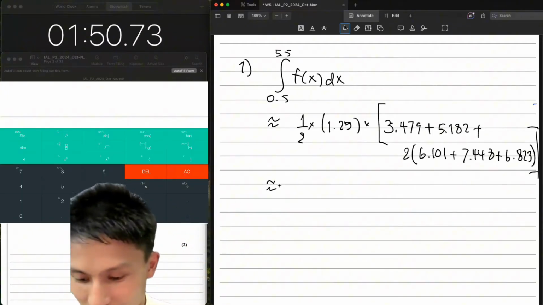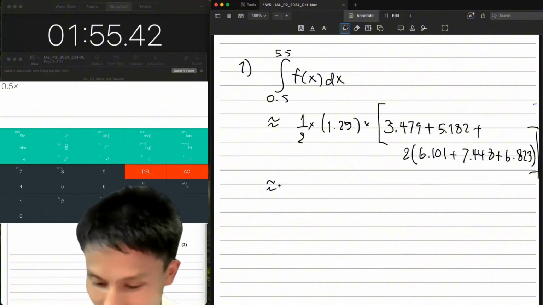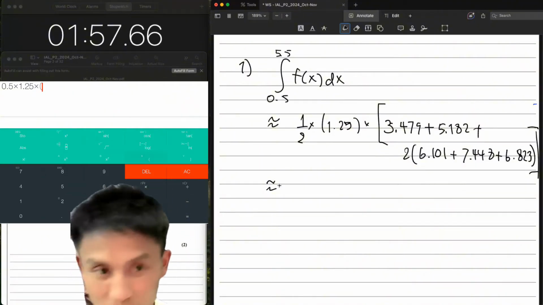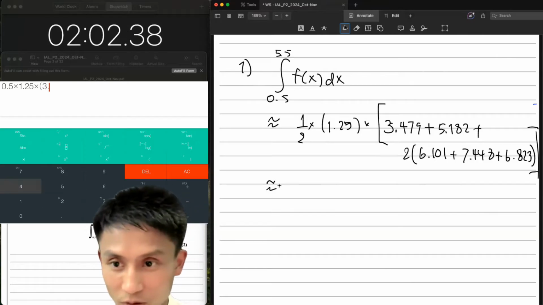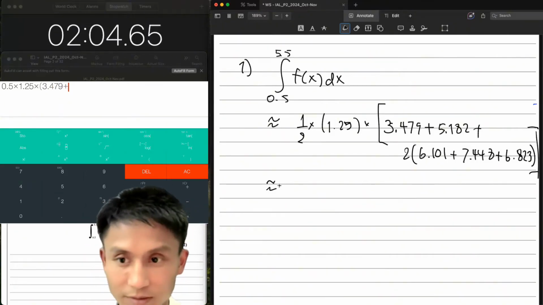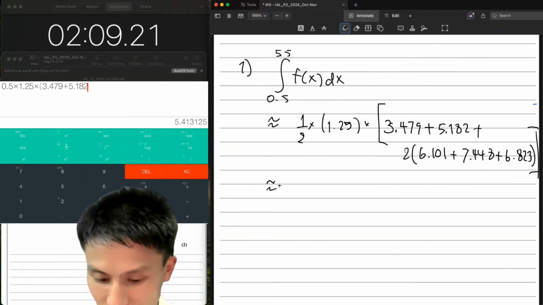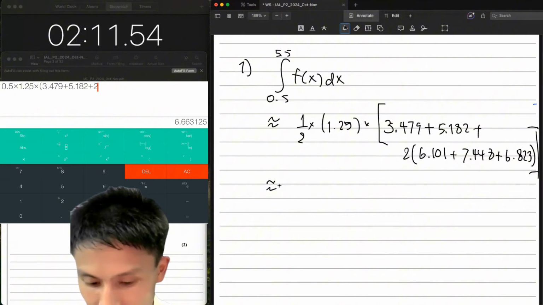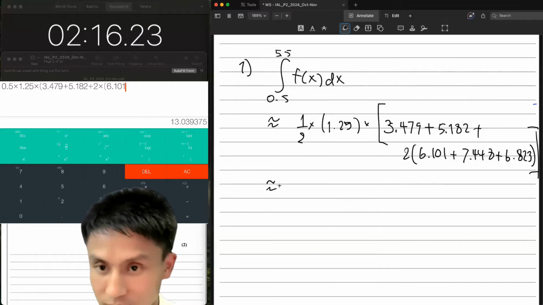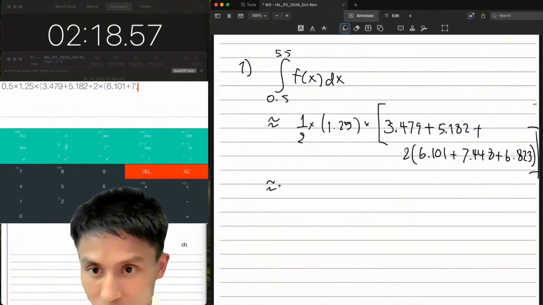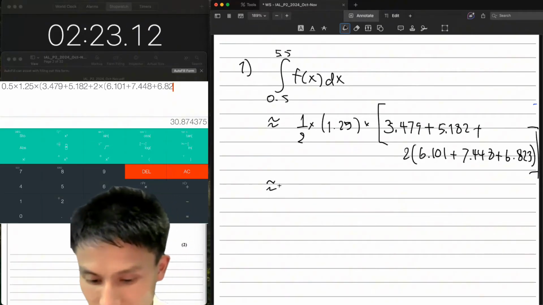I'm just going to use a calculator here, guys, because I don't think anyone would want to do mental math on that, right? Okay, so outside the twos there, I have 3.479 plus 5.182, and then plus 2 multiplied with the brackets here, 6.101 plus 7.448 plus 6.823.